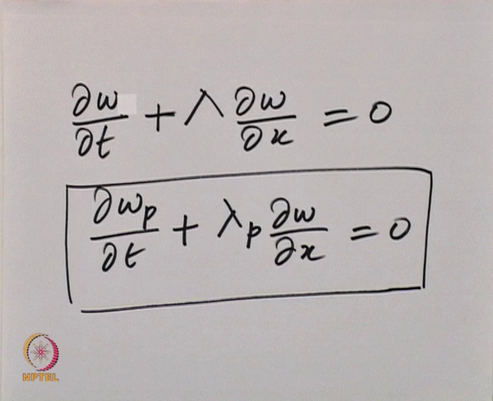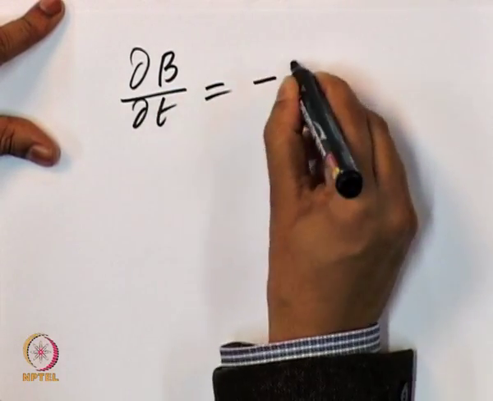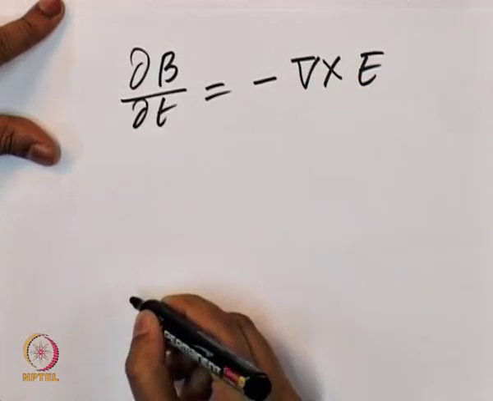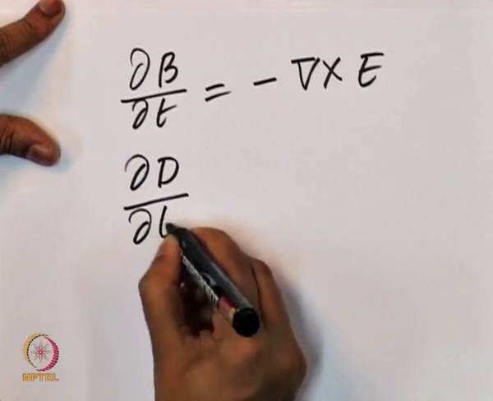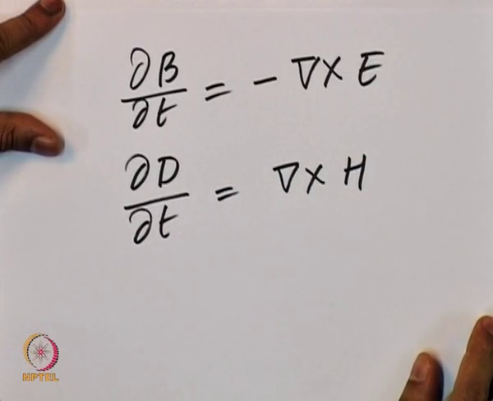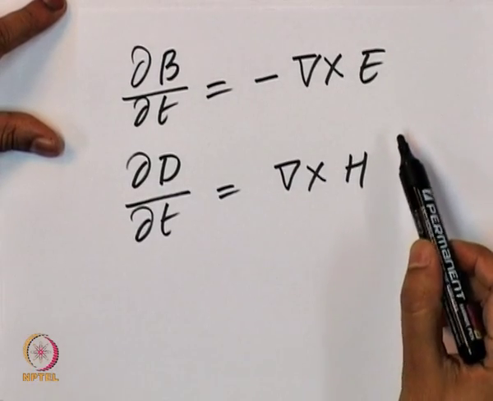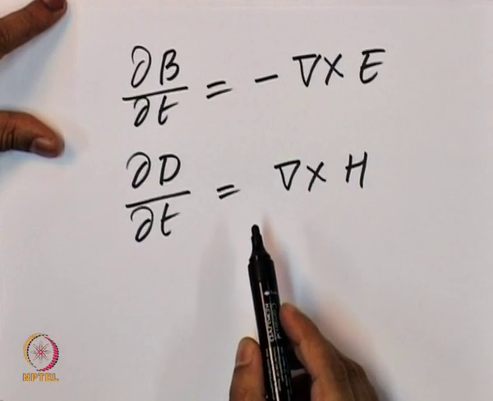Let us take a simple curl equation given by the Maxwell laws, dB by dt is equal to minus curl of E, and dD by dt is equal to curl of H. This is the form we are going to use. Obviously we do not take any source terms, so we assume the source terms are 0.